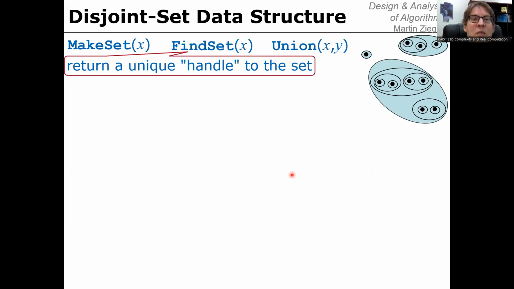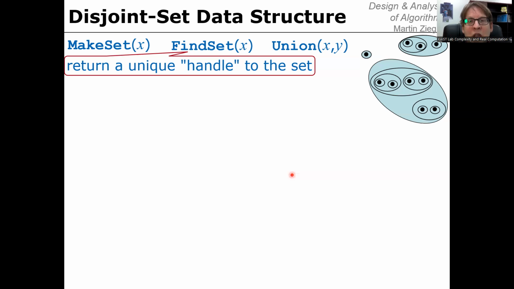So two points in the same set should result in the same handle being returned, which can then be compared with equality, whereas two elements x and y that belong to different sets should result in different handles being returned, so that we can then verify that using a test for inequality. There's no order on the handles, only equality or inequality. So that's the semantics of the disjoint set data structure that we want to support.